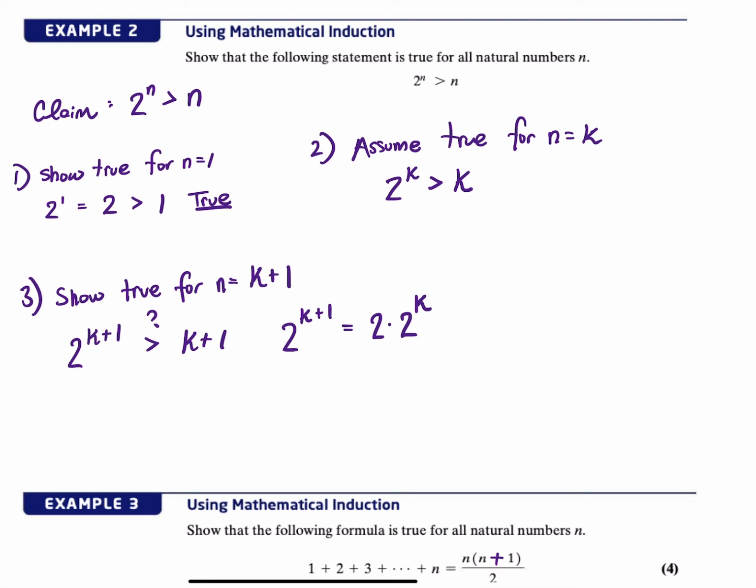And so if we are assuming that it's true for k, and we have produced 2 times 2 to the k, well, we can essentially multiply both sides of this inequality by 2. We should be able to say that this is greater than 2 times k.